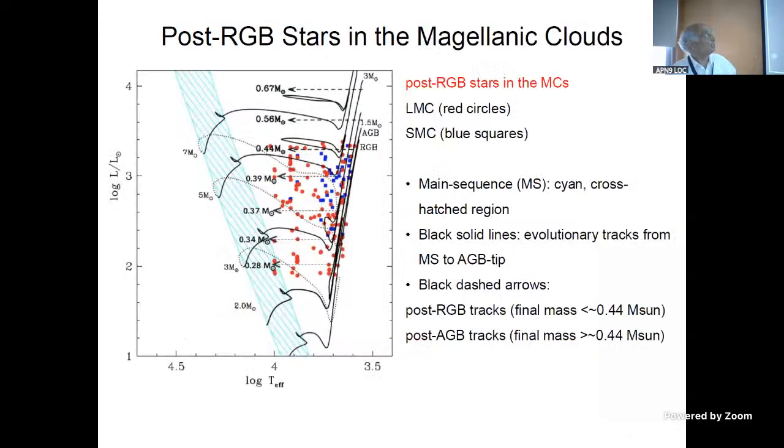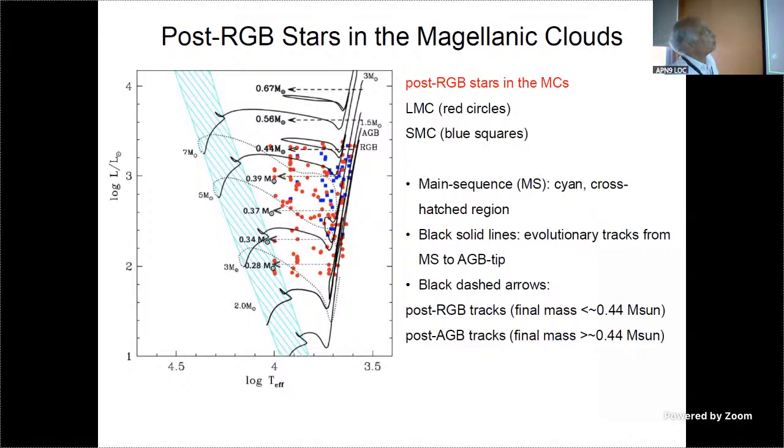Okay, so here's an HR diagram to tell you where these objects sit. The red symbols are objects in the LMC, the blue ones are objects in the SMC. The cyan region is the main sequence. You can see that the luminosity range covered by these post-RGB objects is pretty low, as I said, about 2,500 solar luminosities.